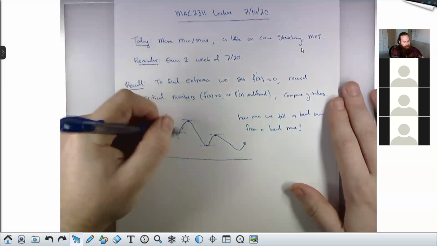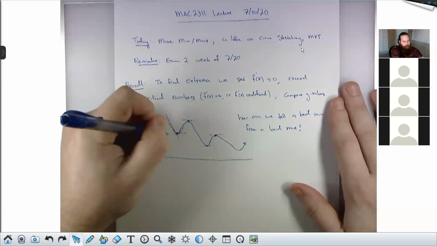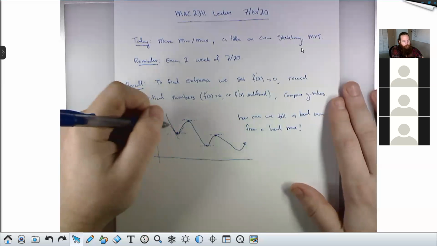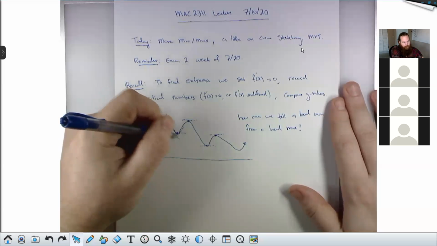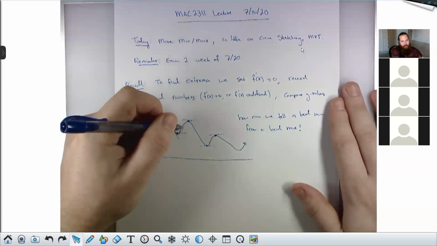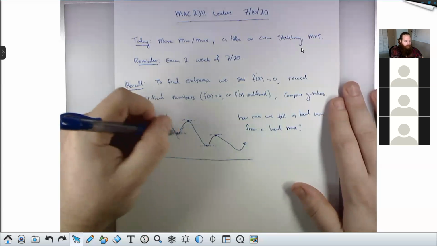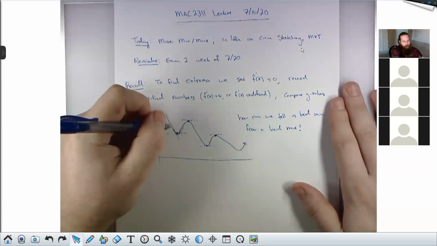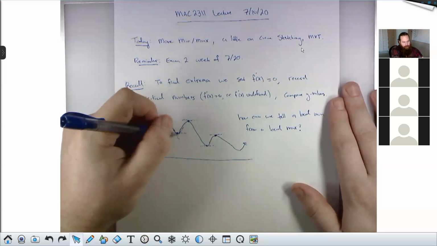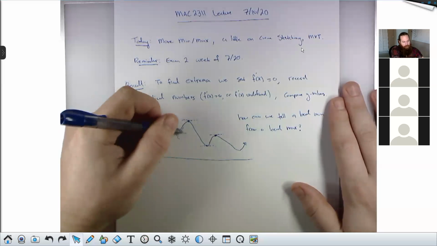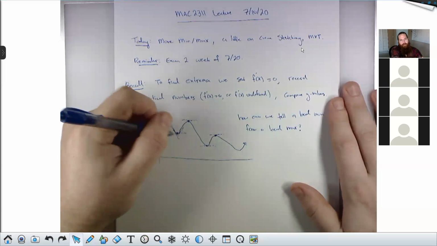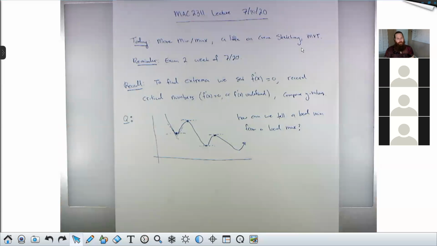And the only way for that to happen is if we rolled through a min here, right? If you're decreasing, decreasing, decreasing, 0, increasing, increasing, increasing, that means that you had to have rolled through a min. The only way to go from decreasing to increasing in a smooth fashion is if you rolled through the bottom of a valley. And that's the main thing I wanted to convey to you guys.